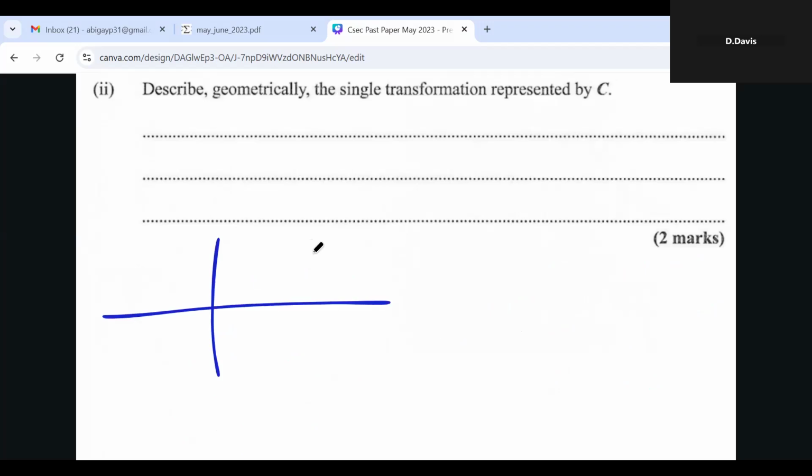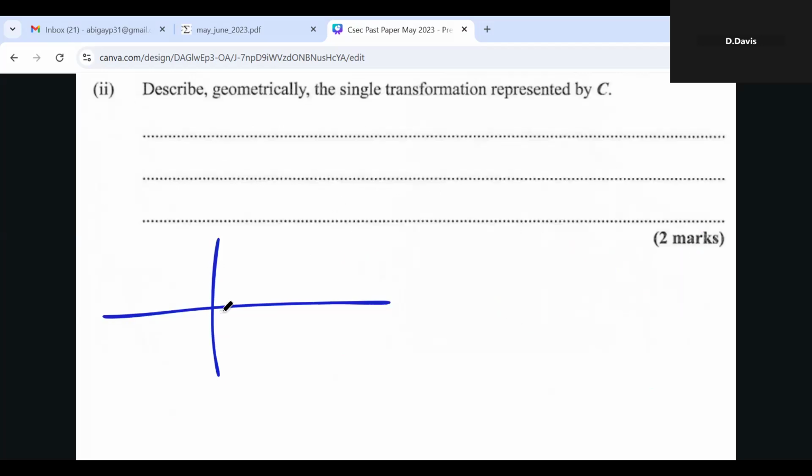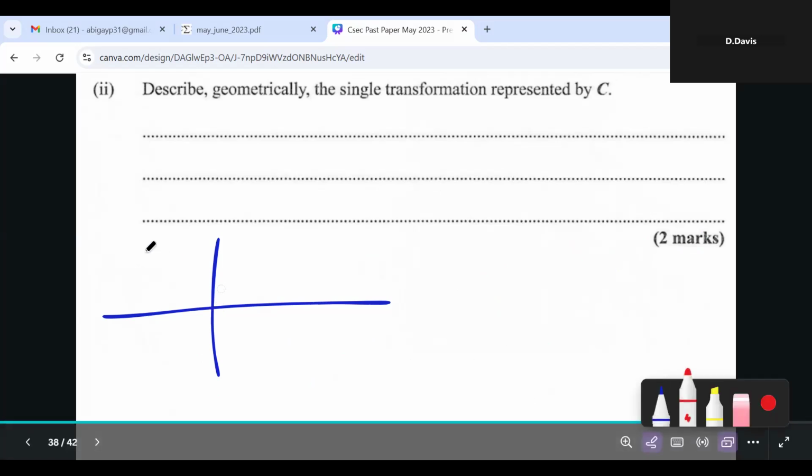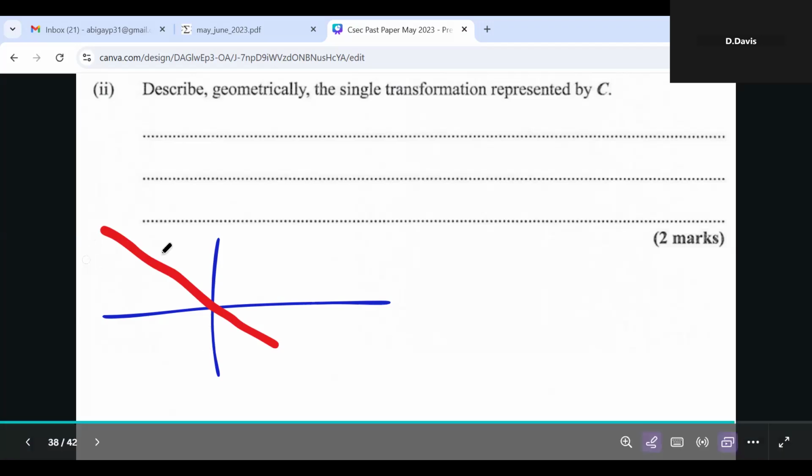So it says our C is rotated anti-clockwise at 90 degrees and reflected in the line y equals negative x. So y equals x would be right here. We use a different color. Y equals x. So y equals negative x would be this line right here.